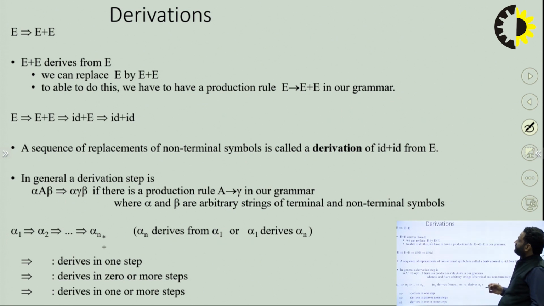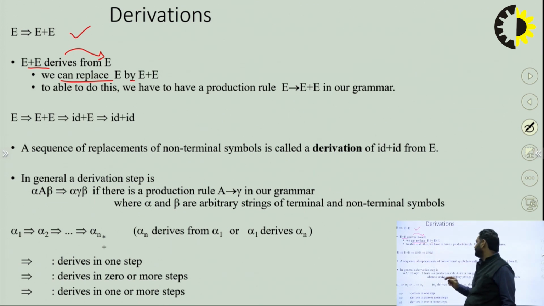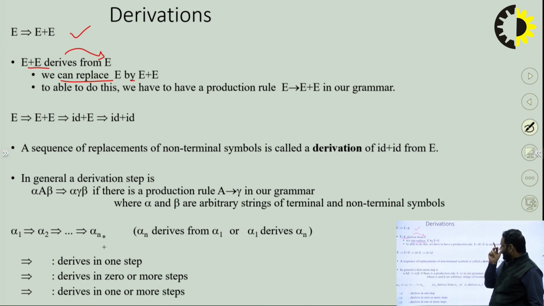So from the derivation point of view, we start with the first production rule, E gives E plus E. That means E plus E is derived from this E. We can replace E by this. To do this, we must have a production rule, which we have in the given productions.